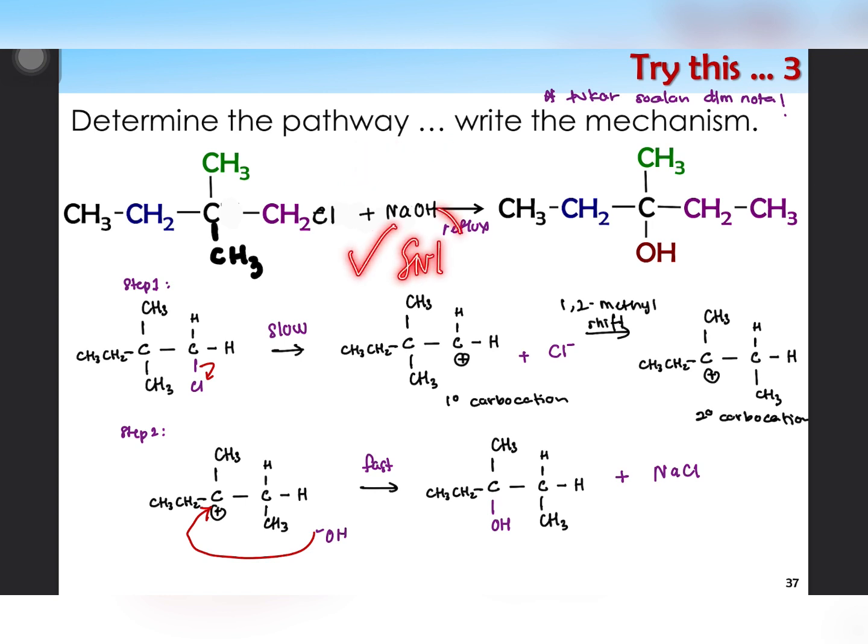So for this mechanism, okay, akan ada rearrangement. Since dia adalah primary haloalkane, okay, you will form primary carbocation. That is why kita kena rearrange to form tertiary ataupun more stable carbocation, depends on the question. In this case, kita akan favor tertiary carbocation lah.